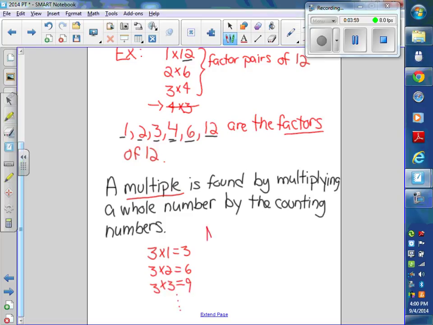So the multiples of 3 are 3, 6, 9, 12, and the pattern continues forever. So multiples never end, and factors do. That's the big difference.